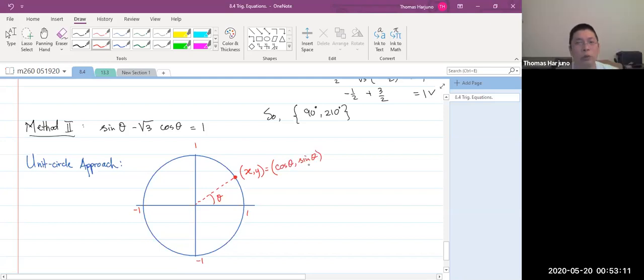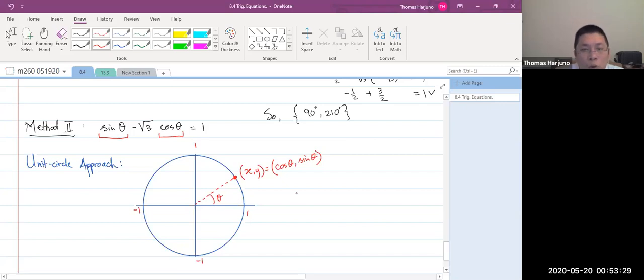So here's what I will do. I will substitute sine theta and cosine theta by y and x respectively. But at the same time, I say they have to be on the unit circle.